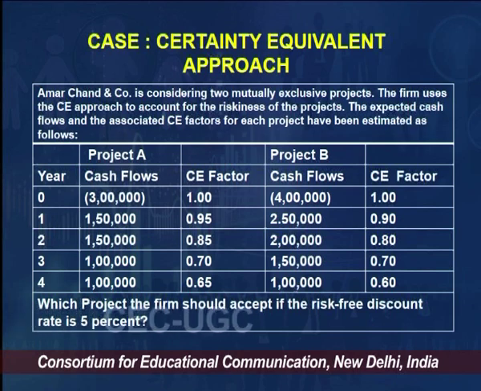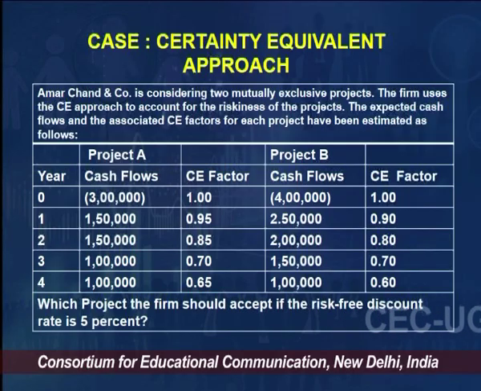So, you can have a look at project B here. The data was shown to you. The same way as we calculated project A, I would recommend you to follow the same steps: prepare a table with the first column for year, second column for cash flows for project B, third column you can take the certainty equivalent factor, multiply the equivalent factor with the cash flows and you will get the risk adjusted cash flows, then multiply that with the discount factor and then sum up all the discounted cash flows, or otherwise we call it the present value of cash flows, and compare it with the outflow, right.